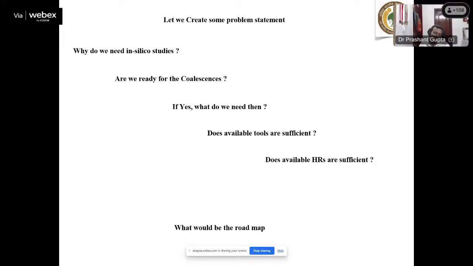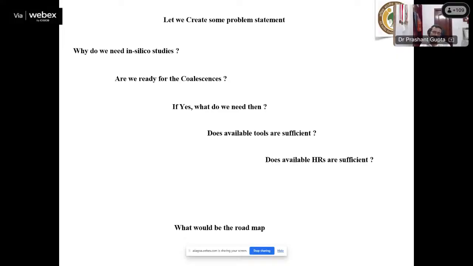Those who really want to capture or catch or maybe pirate, I don't think that computation is helping them. They have their tools. Are we really ready for such coalescence? Are we really ready for such things, that yes, informatics should be there, Ayurveda should be there? And if yes, then what do we need?